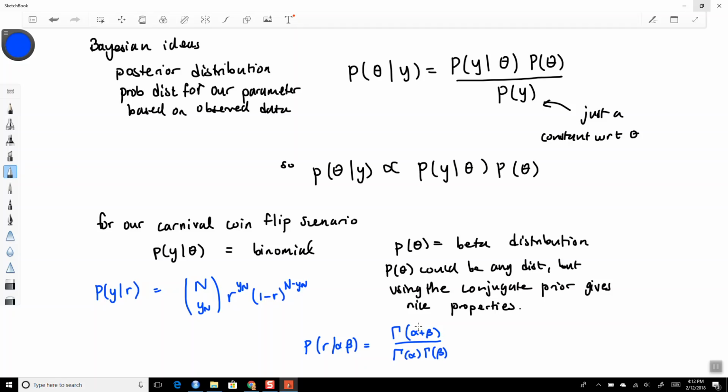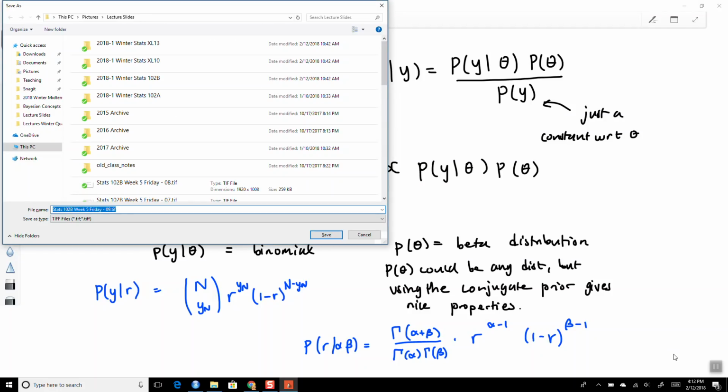Okay, I think on Wikipedia they just call the reciprocal of this thing beta or something. But anyway. And this is times r raised to the alpha minus 1 and 1 minus r raised to the beta minus 1. So that's what we have.